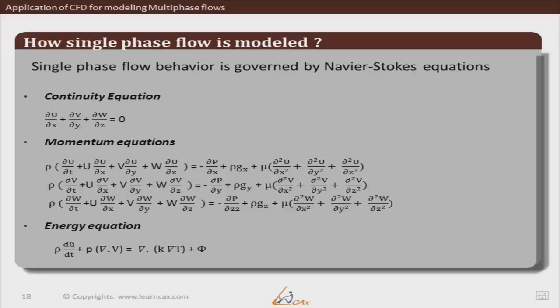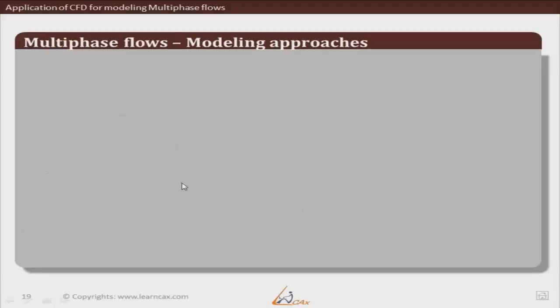From our understanding of basic CFD or numerical methods, we know that Navier-Stokes equations are used to model fluid flow. For a single phase, we use a single Navier-Stokes equation and discretize it in order to numerically model single phase fluid flow. For that we use the continuity equation, a set of momentum equations and energy equations. So what happens to these when it comes to multiphase flow? We will see those in the coming slides.